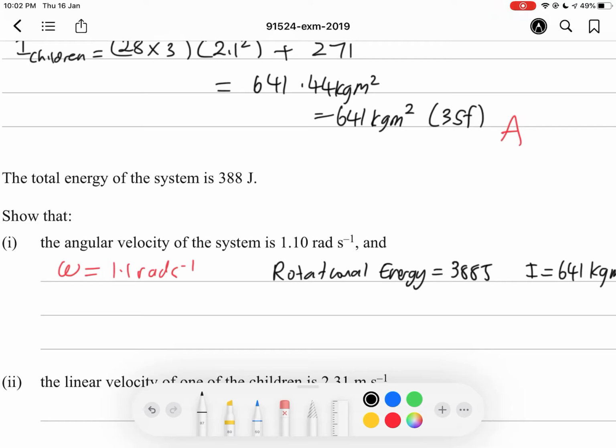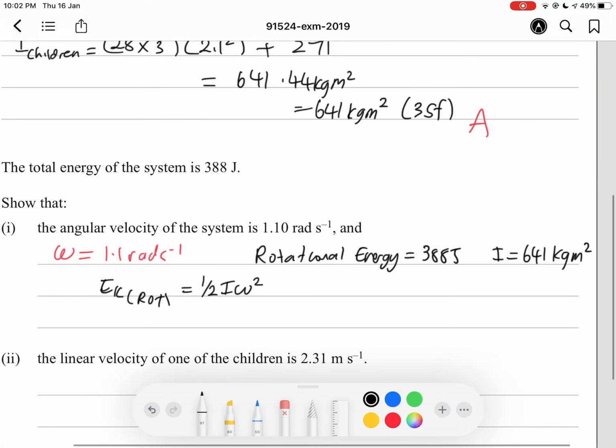So we can use the equation for the rotational kinetic energy, which is given as half I omega squared. In this case, the rotational energy is 388 joules, and the rotational inertia is 641 kilogram meters squared. So we can plug those numbers in and rearrange to find our angular velocity.